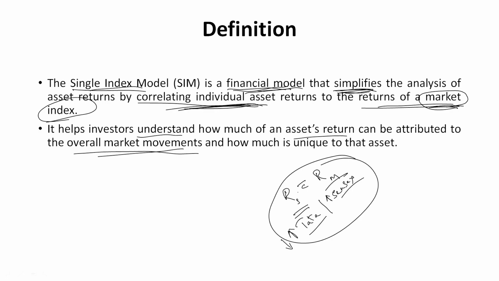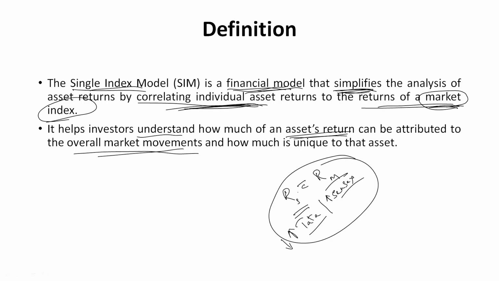And how are the investors getting benefit out of the whole mechanism? The investors are able to understand the return on the asset in which they have put in their money in comparison to the overall market movements. So, if the market is going up, whether my stock is coming down or going up, it all depends on only these two aspects.